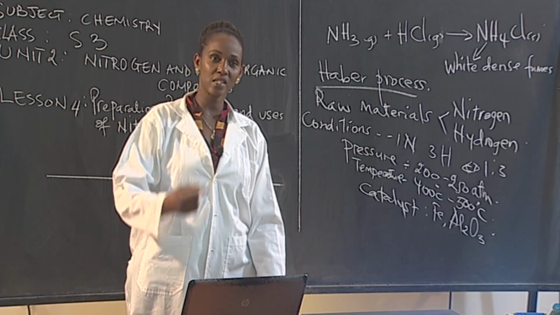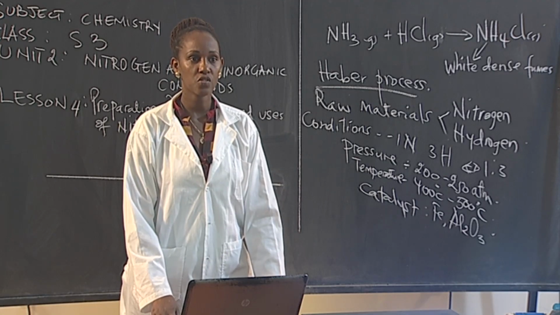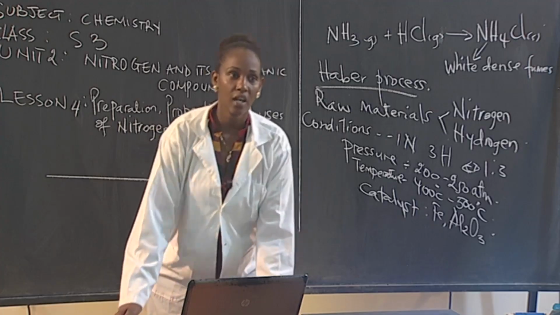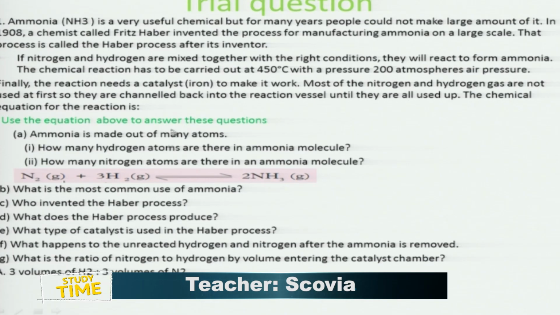So let me review with some questions. So when you reach home, you try to attempt these questions on ammonia. It's one question, but having some subtopics. I don't have to read it for you, but I see it includes what we have talked about. It's majorly talking about the Haber process.